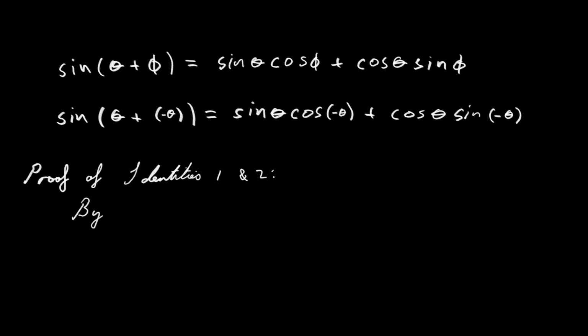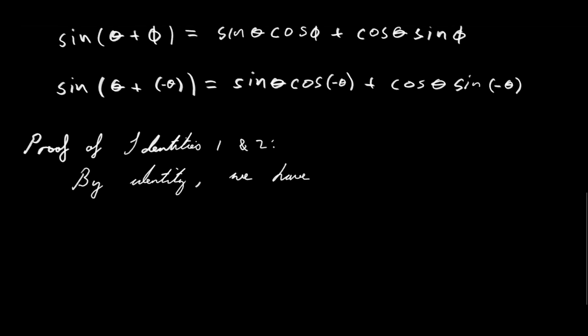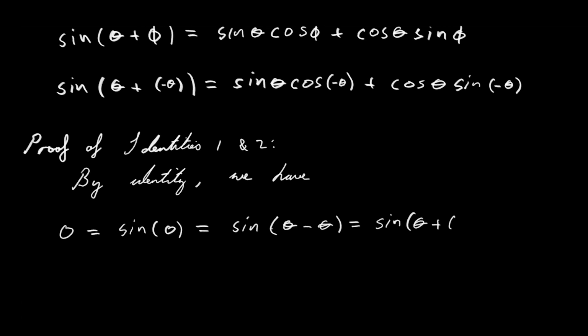By identity 10, which is the sum formula for the sine of theta plus phi, we have, well, 0 equals the sine of 0, which equals, well, 0 equals anything minus itself, so we can write theta minus theta, which equals the sine of theta plus negative theta.